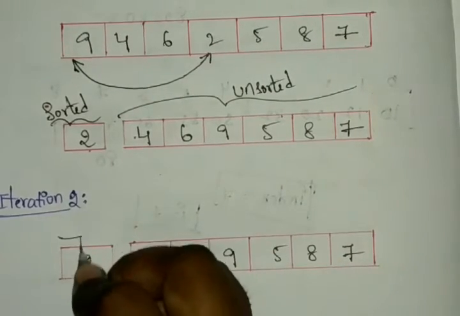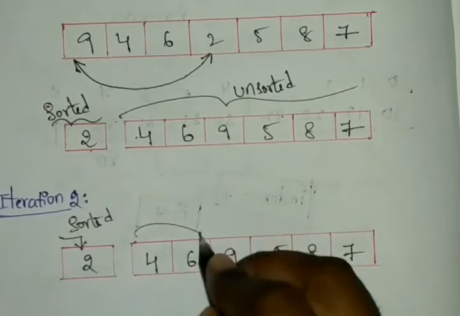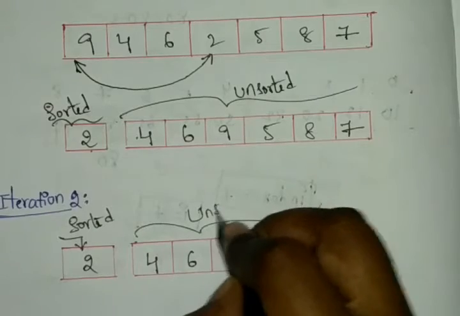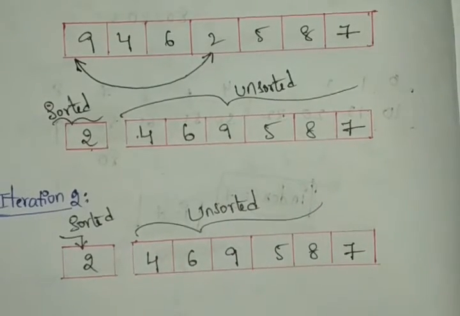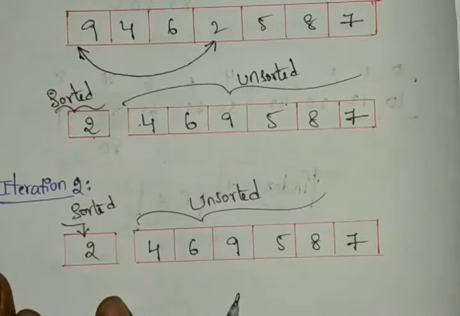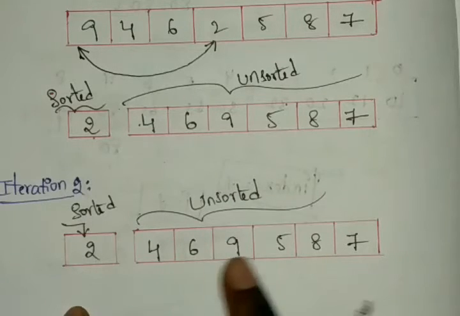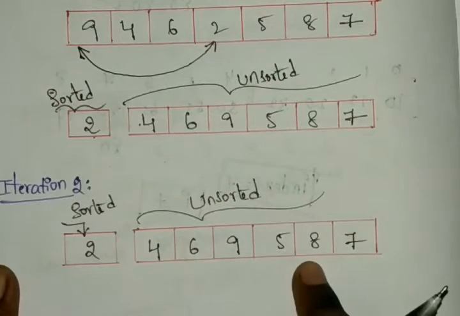And now this is the sorted part, right? Whatever remains is unsorted. Since the sorted part is no longer needed, we can exclude it from the sorting process. Whatever we have in the unsorted part, that is what we need to work on.